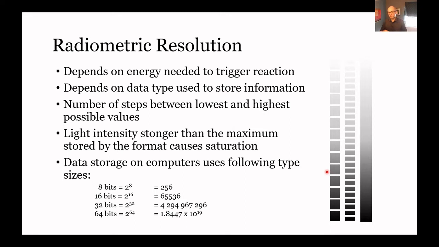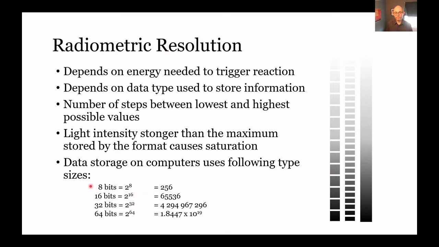So that's the signal that's being registered, or being sensed, by our equipment, and then it is fed into storage. The information has to be stored somewhere. So we have to have a computer storage that can take care of those levels of intensity. And that also will influence our radiometric resolution as we see it, as the data we actually receive.